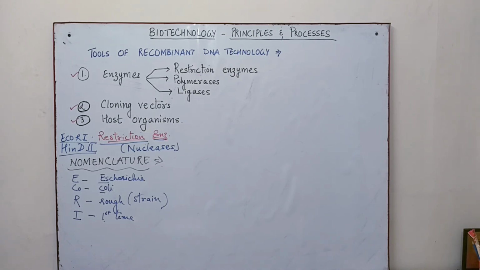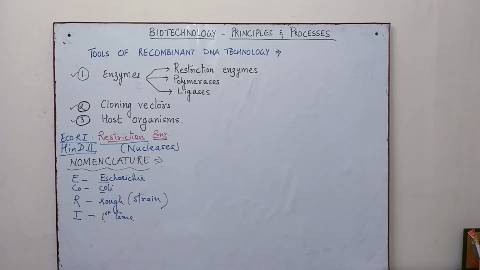Now you have to differentiate between restriction enzyme type 1 and type 2. Type 1 has both endonuclease activity as well as methylase activity. That means it is capable of adding a methyl group as well as cleaving the DNA, whereas type 2 has restriction activity only.